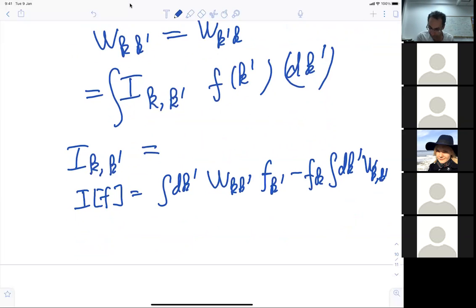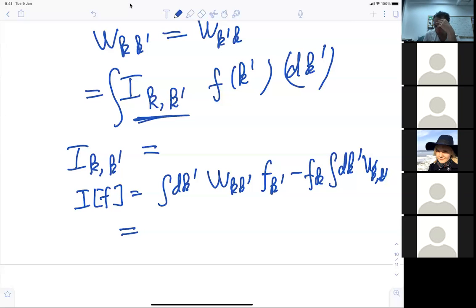And then I can say that I want to replace this thing by a kernel and read from here the definition of this matrix.